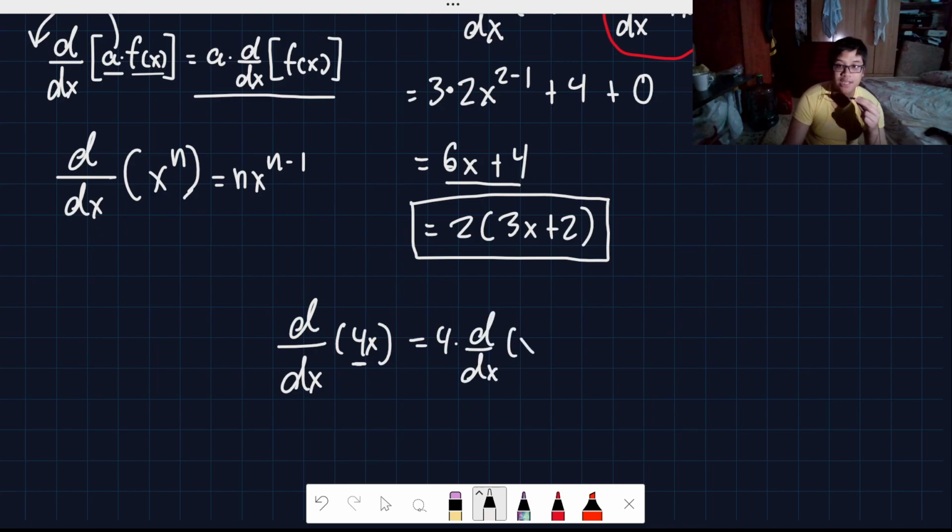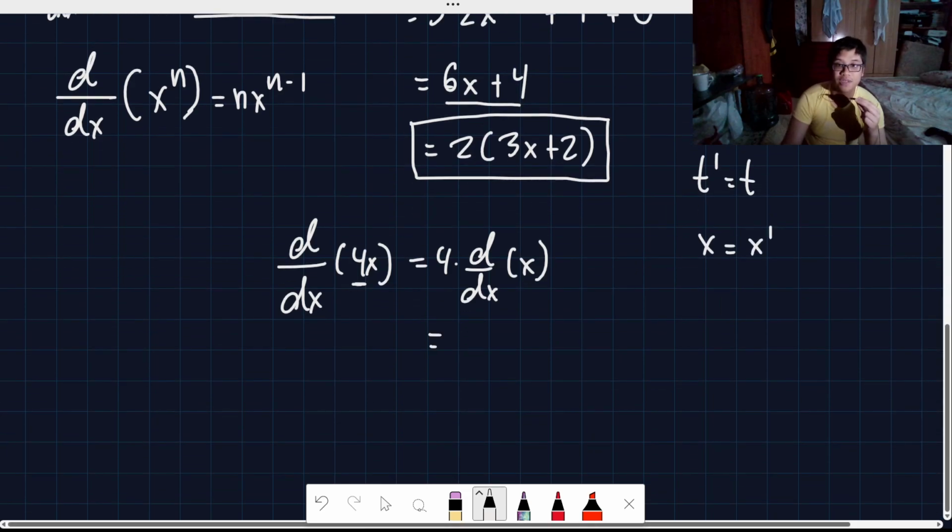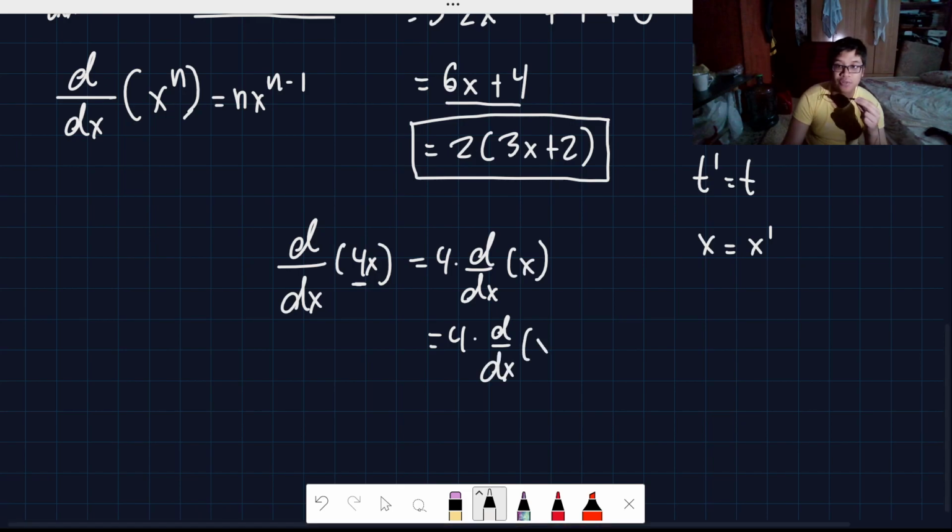Now, as I said earlier, remember, t raised to 1 is just the same as t. So basically, any variable that doesn't have a visible exponent actually has an exponent. If you see x, this is the same as x raised to 1. That means we can apply the power rule of differentiation.